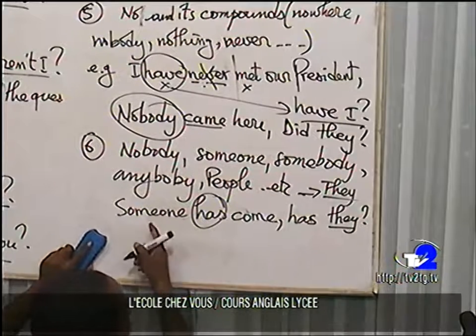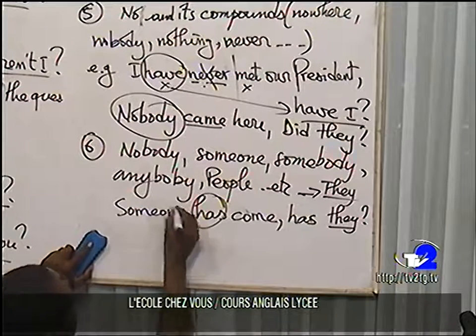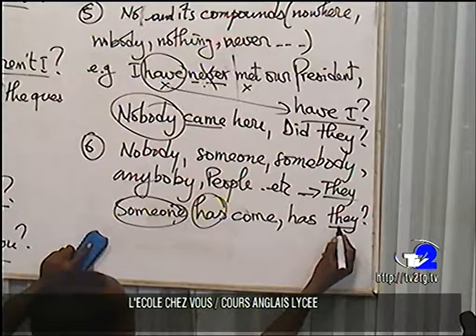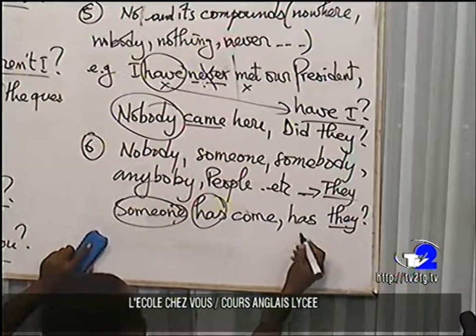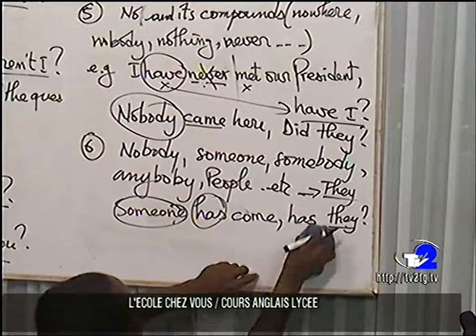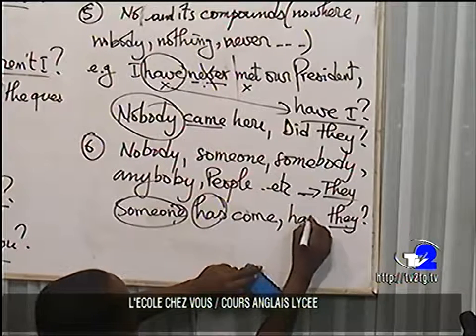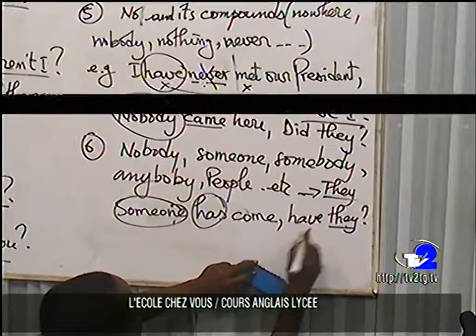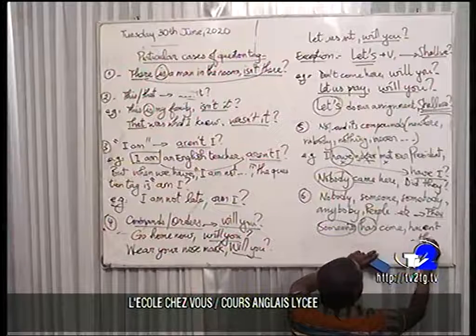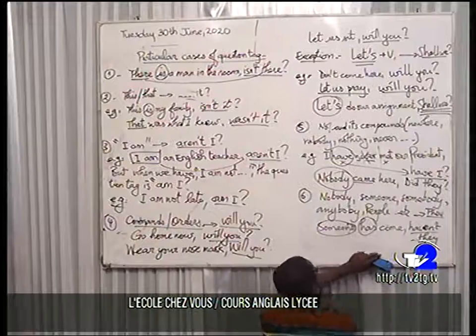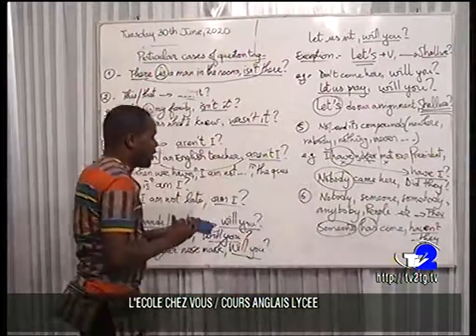We use they to replace someone. Now we cannot say "they has". Your verb must agree with the subject. That's why we have to say have. The sentence is positive, so you have to say haven't and they. So the question tag should be "haven't they".